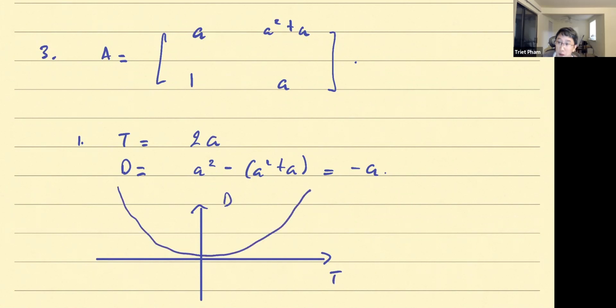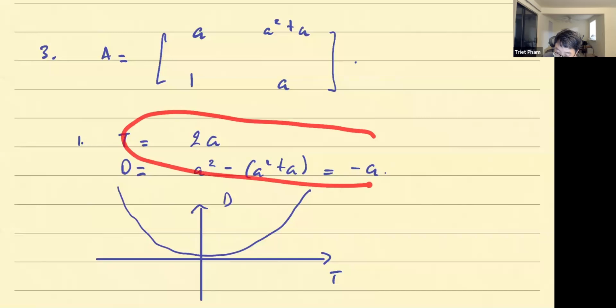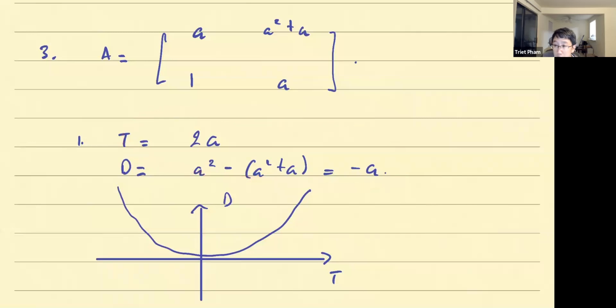Then you plot the trace-determinant plane, and you have your parabola. So how does this curve look on the trace-determinant plane? This is from Calc 3, exactly where a parametric curve enters.